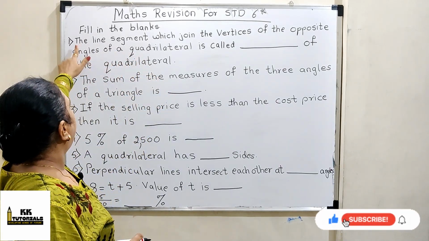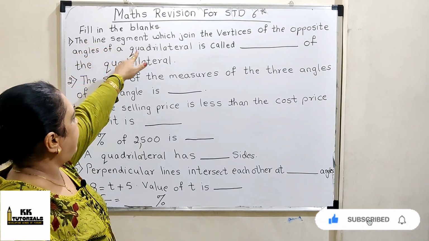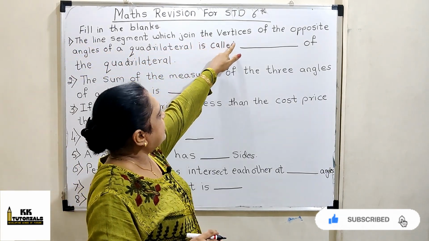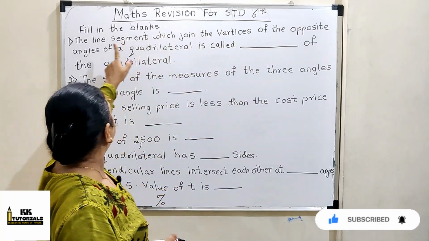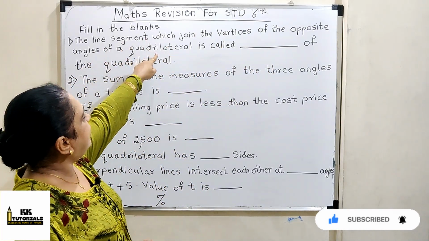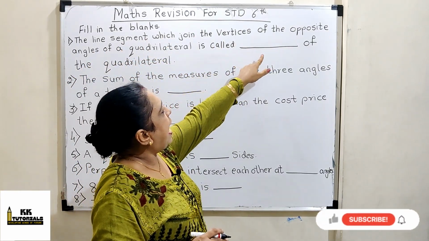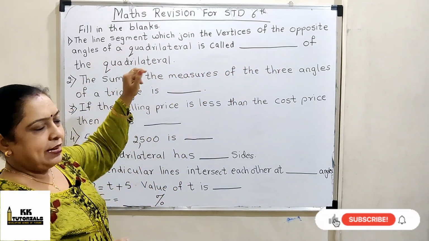Number 1, the line segment which joins the vertices of the opposite angles of a quadrilateral is called dash of the quadrilateral.